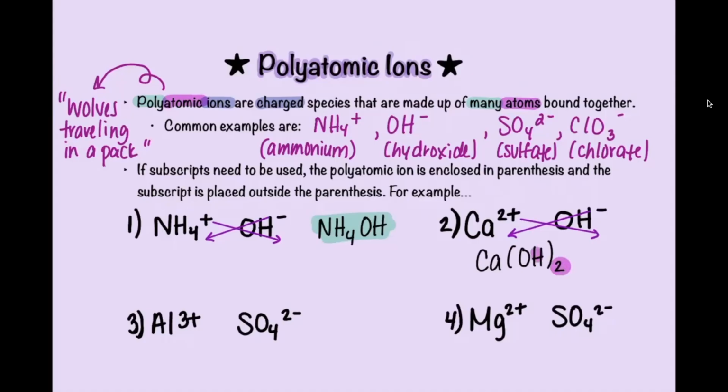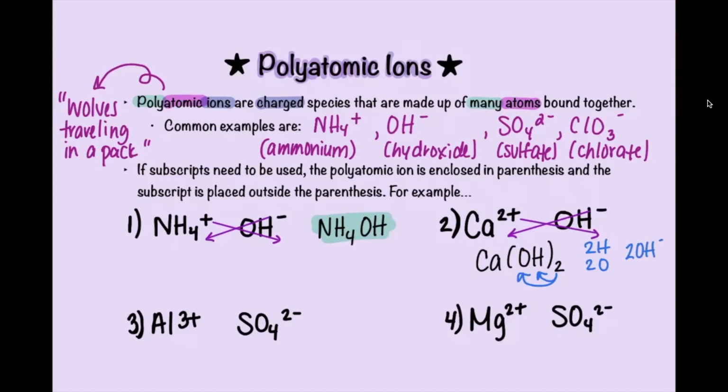Remember, the OH stays together. It's a polyatomic. And this is super important because when students first learn this topic, they'll initially write the OH without the parentheses. And that's incorrect. It doesn't mean the same thing because subscripts actually serve a distributive property. So similar to math, the 2 distributes to the H and to the O. So we have 2 hydrogens and 2 oxygens present.